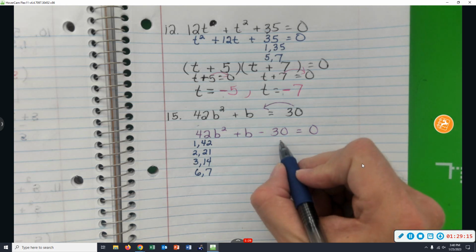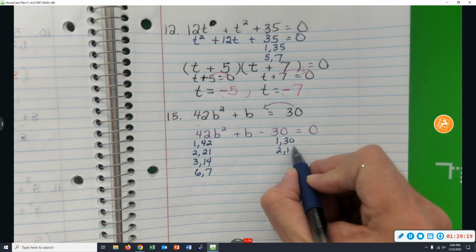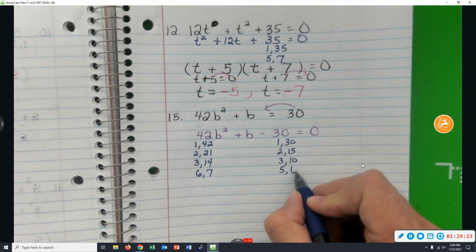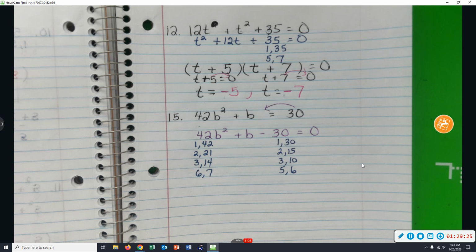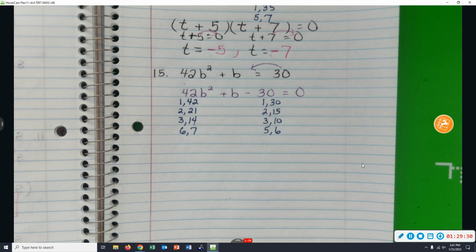Now for 30, a lot of numbers. Well, not a lot, but 4 pairs. Again, you just sort of got to know those multiplication tables.